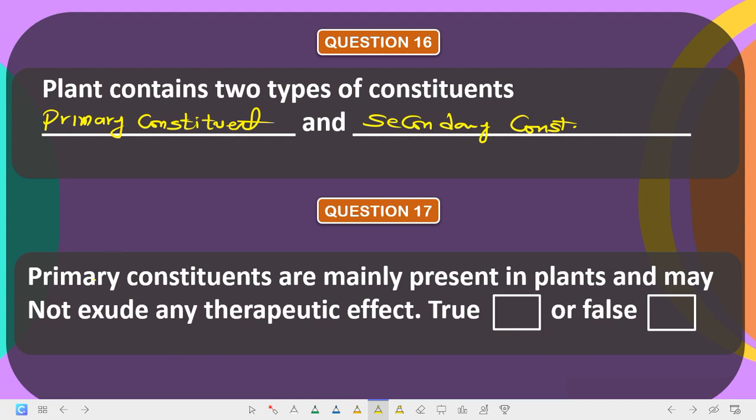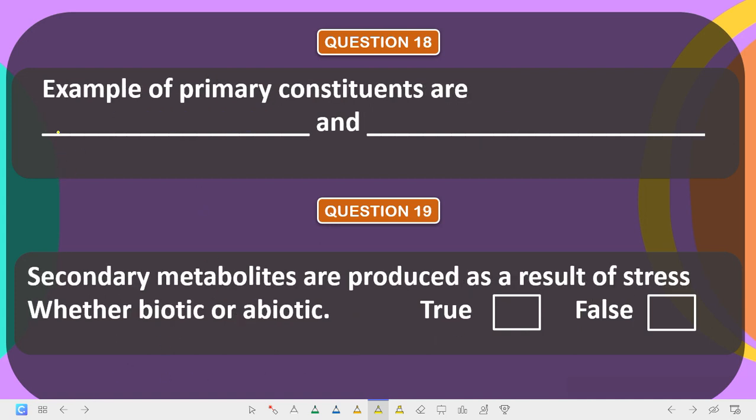Primary constituents are mainly present in plants and may not exude any therapeutic effects. Examples of primary constituents are amino acids and carbohydrates.